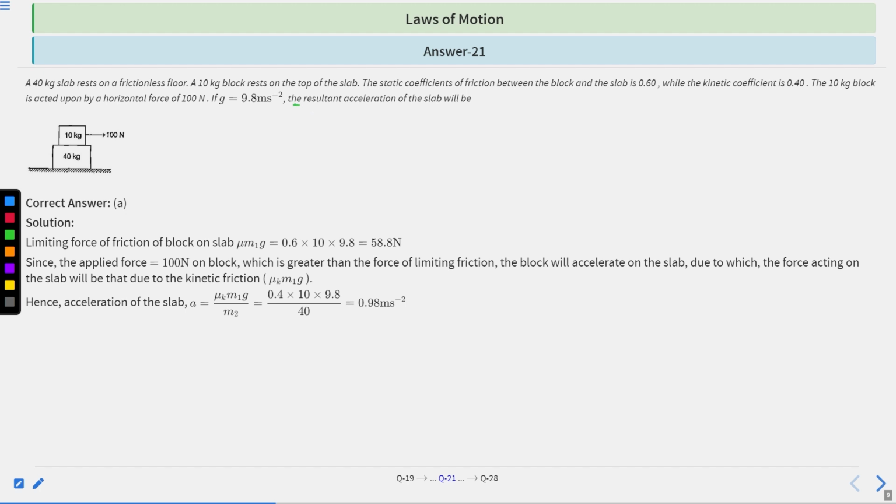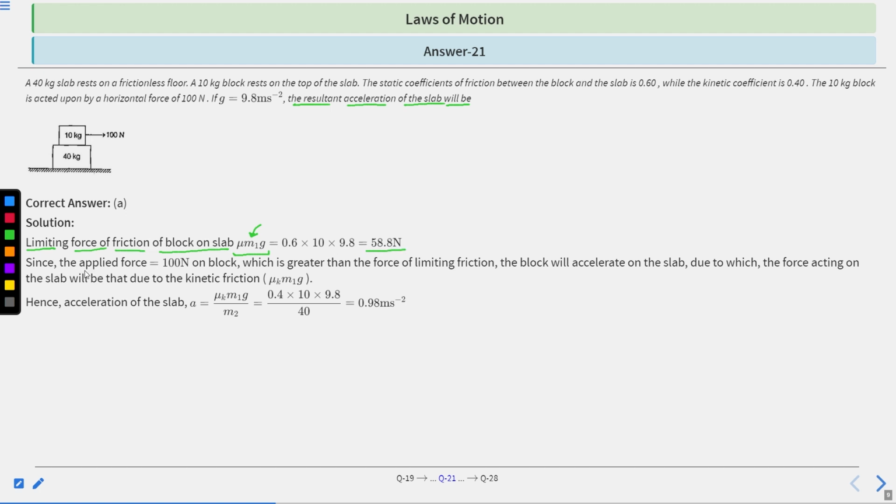The question asks about the resultant acceleration of the slab. The solution: the limiting force of friction of the block on the slab is mu m1 g, which equals 58.8 Newton after putting in all the terms.